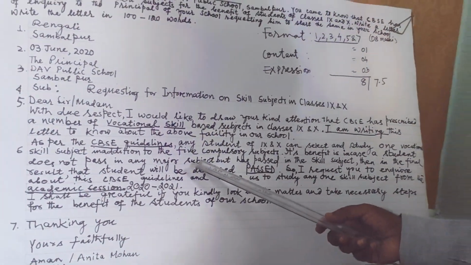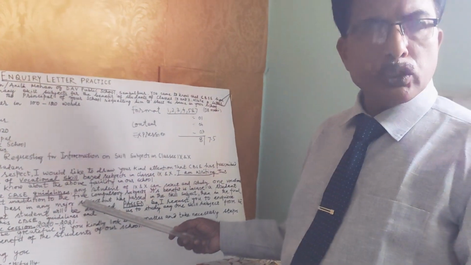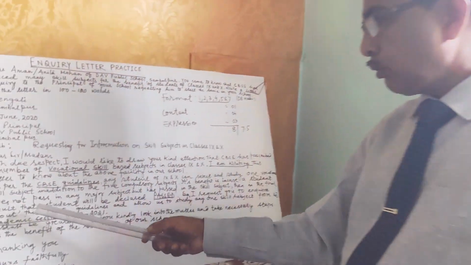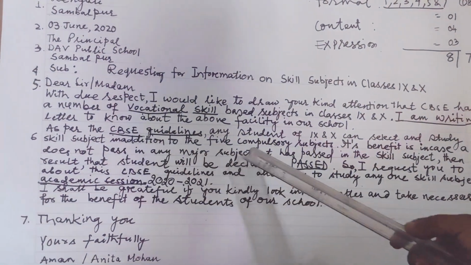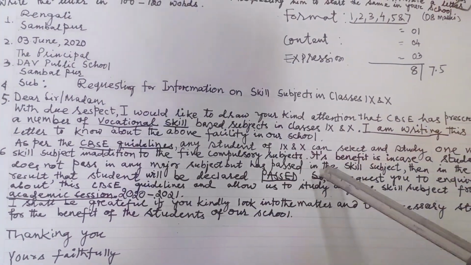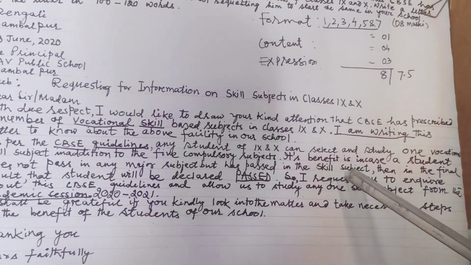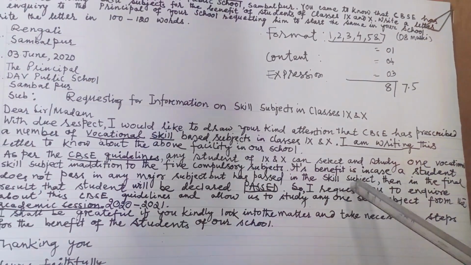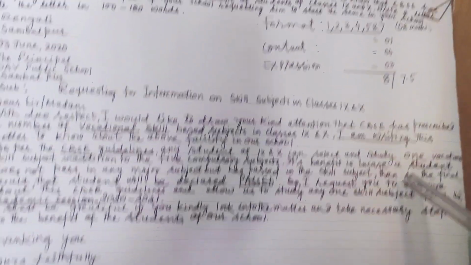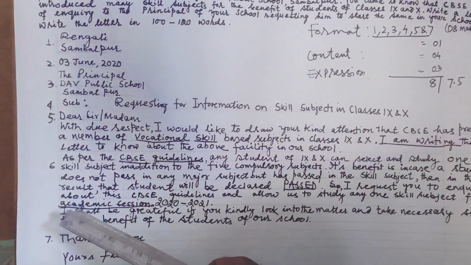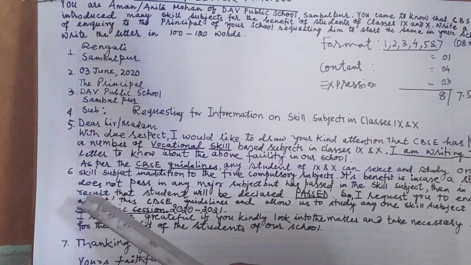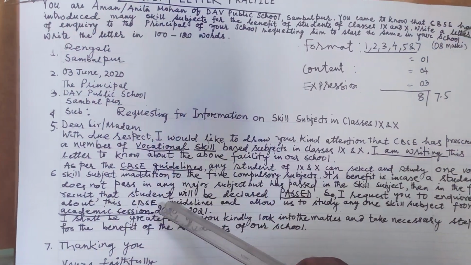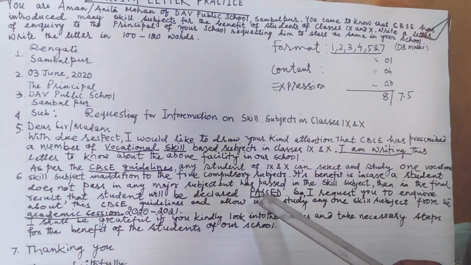Maybe mathematics, maybe science, maybe English, right? So, in case a student does not pass in any major subject but has passed in the extra additional skill subject, then in the final result, that student will be declared passed.